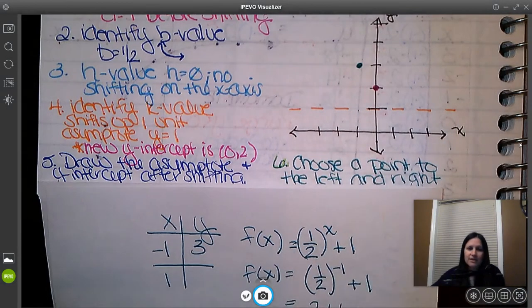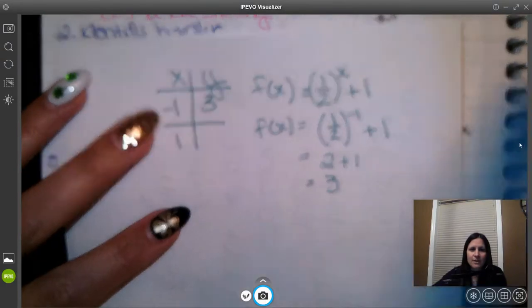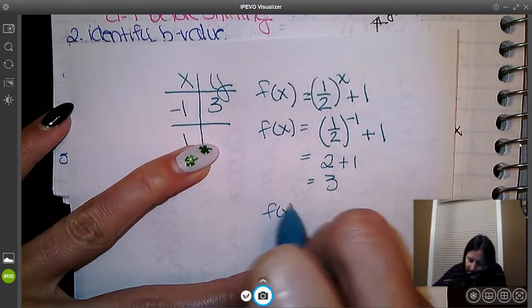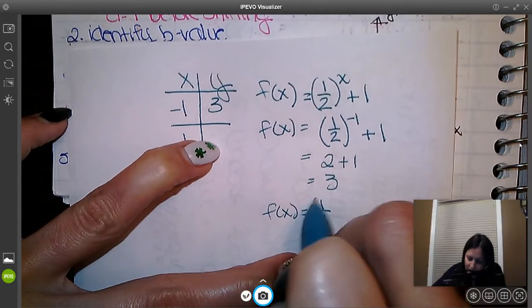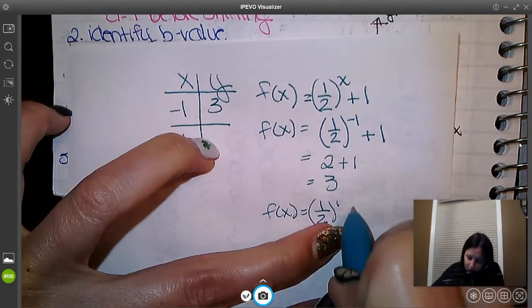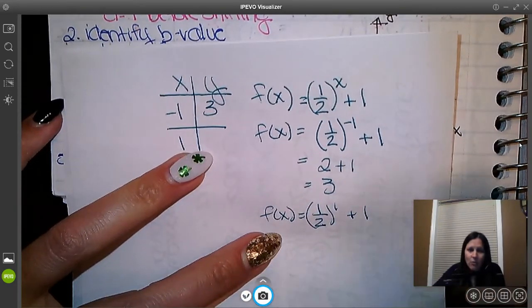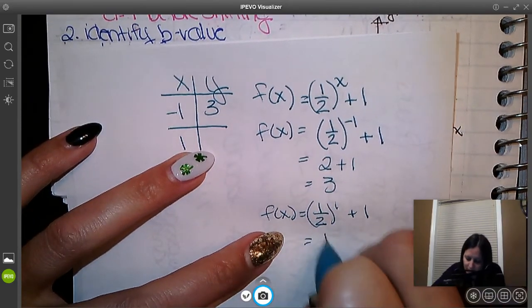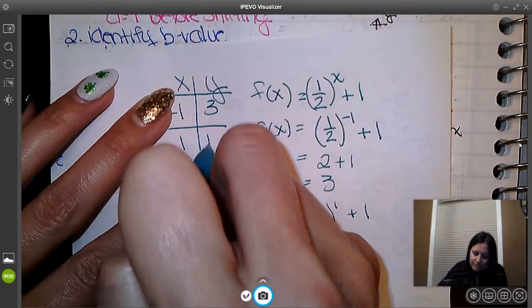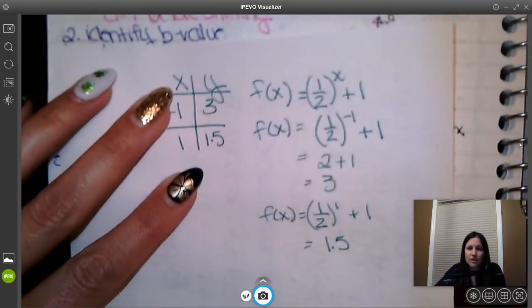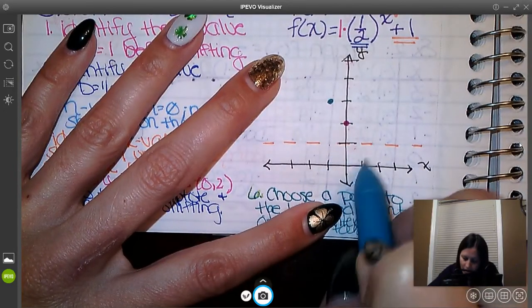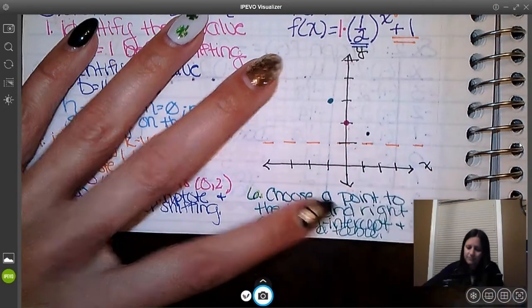So now I want to figure out what my y value is when x is 1. So if I have f of x is equal to 1/2 to the first plus 1, 1/2 to the first is 0.5, and then 0.5 plus 1 is 1.5. So now I can graph 1, 1.5.